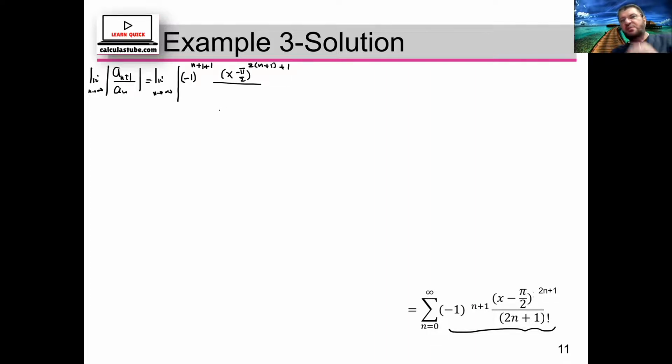You see, I'm replacing every n with n plus 1, divided by 2n plus 1 plus 1, all factorial. This is, guys, an plus 1. I am replacing every n with n plus 1. Divided by, I'm going to change it to multiplied by the reciprocal of that. So the denominator here, which is 2n plus 1 factorial, goes up, and minus 1 to the n plus 1 goes down, and x minus pi over 2 to the 2n plus 1 goes down. This is what we do for the reciprocal of an.